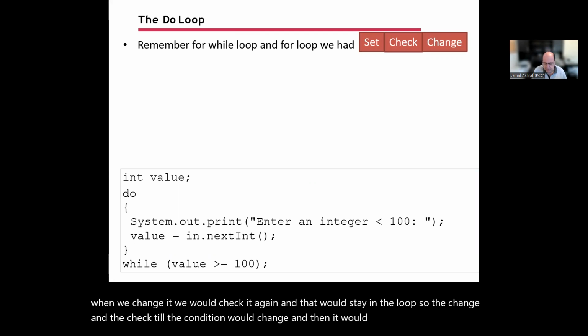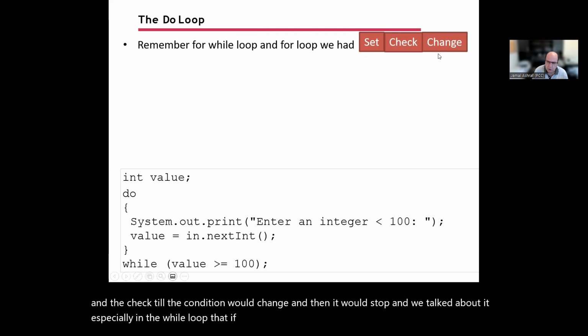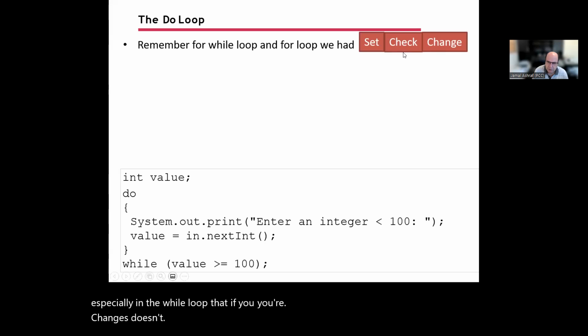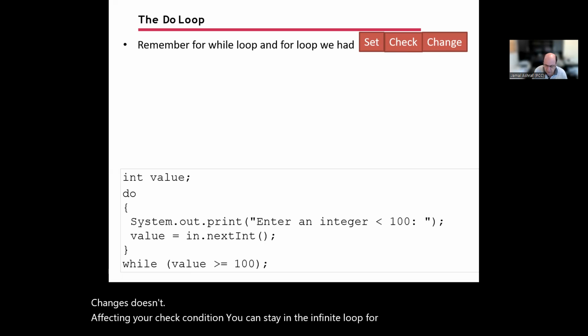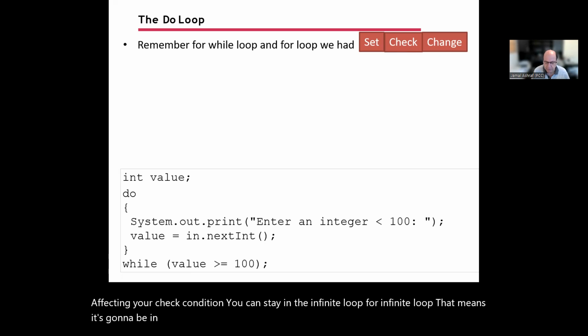We talked about it, especially in the while loop, that if your change doesn't affect your check condition, you can stay in an infinite loop. That means it's going to be in the loop forever, not coming out of it. You have to break out of it.